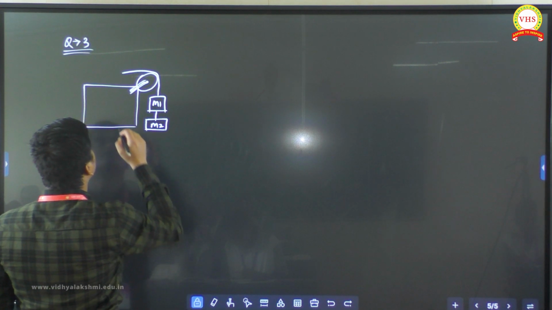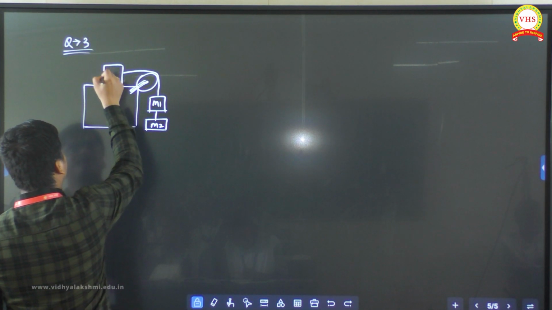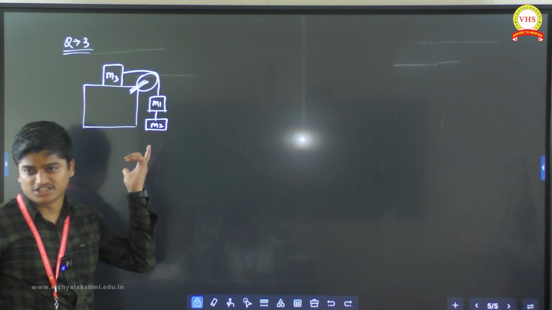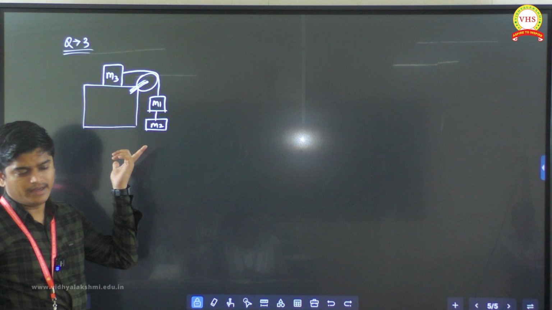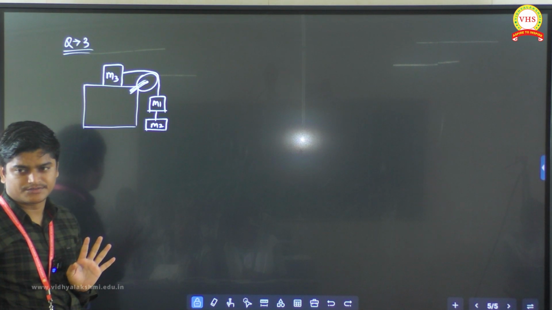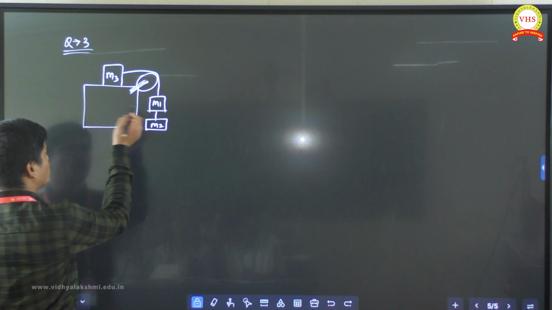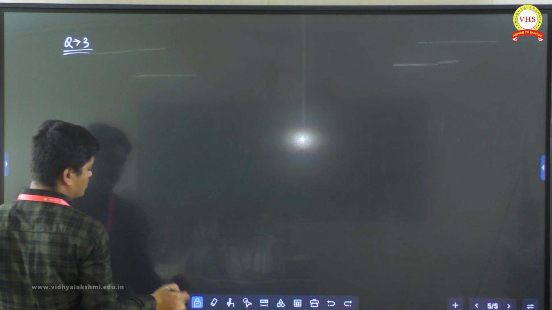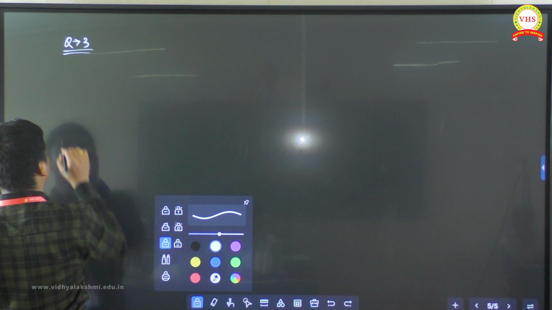And here you take M3. Like this you consider. M3, M1, M2 like that. The same table is there, two masses are hanging. I will draw a little bigger picture so you will have more idea.